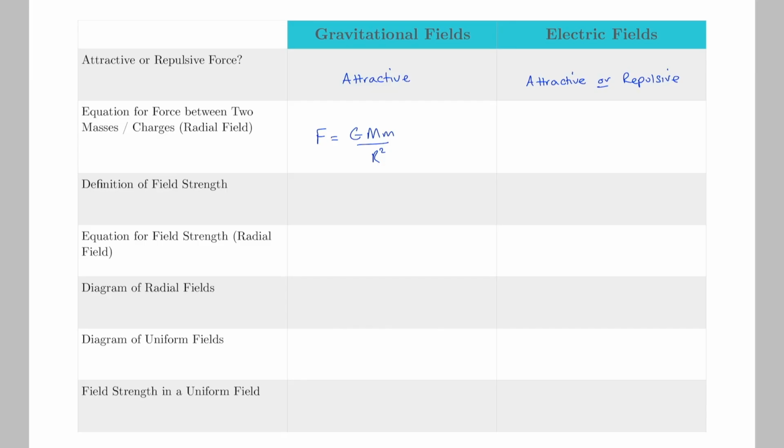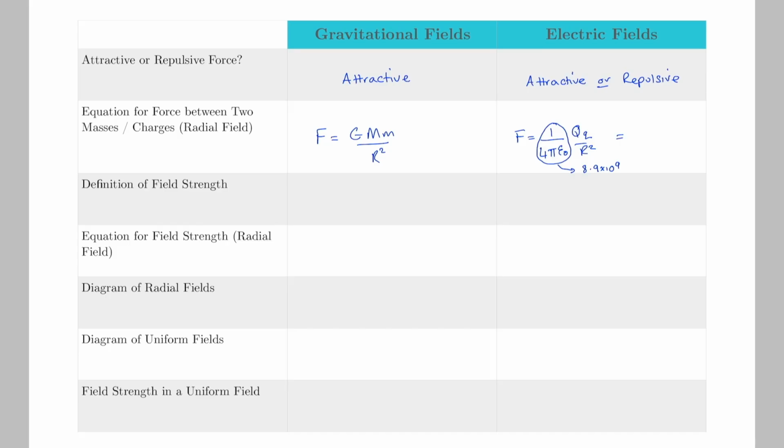For the equation for force between two charges, we're looking at Coulomb's law, and that looks like this: 1 over 4 pi epsilon naught, q1 q2 over r squared. I tend to make this equation much easier for myself by just recognising that this whole 1 over 4 pi epsilon naught is equal to 8.9 times 10 to the 9.